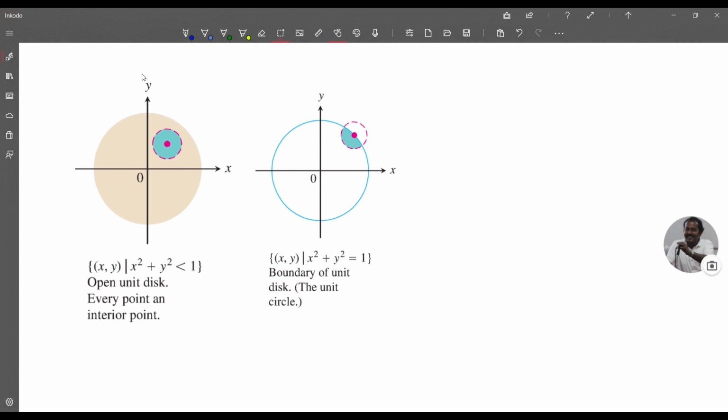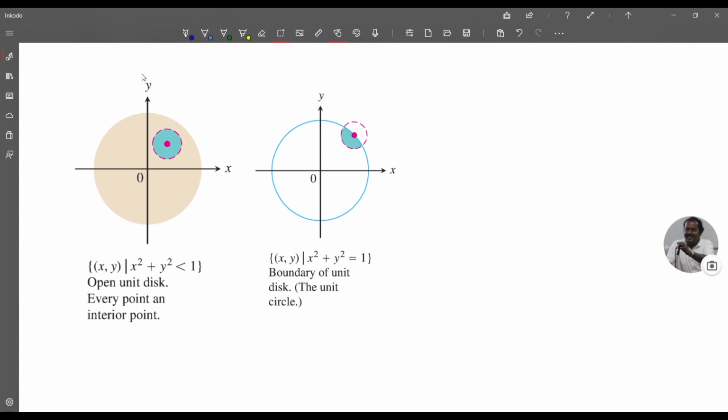Now consider the set of all (x, y) such that x² + y² = 1. You know that it is a unit circle, and you consider a point on the unit circle. You can see that every disk centered at that point contains both interior points of the disk x² + y² < 1 and exterior points of the disk.